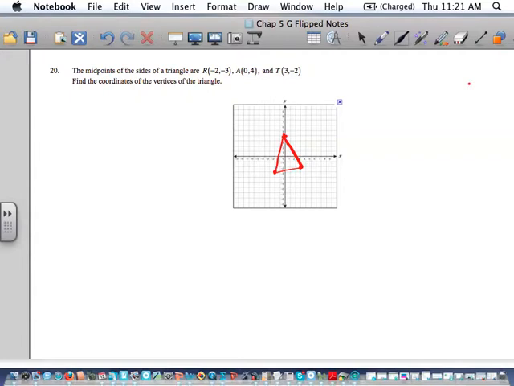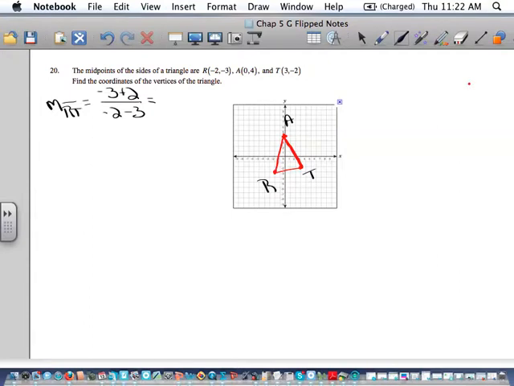Now when I look at this picture, I can look at the slope. Let me label these. R was here, A is here, and T is here. So I want to look at the slope of RT. So I have -3 minus 2 over -2 minus 3.